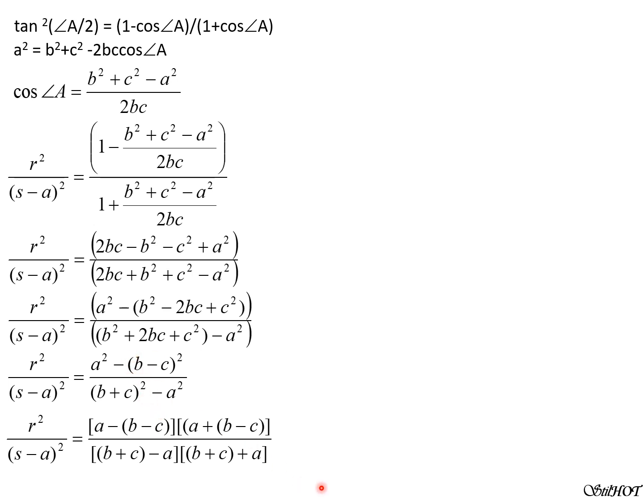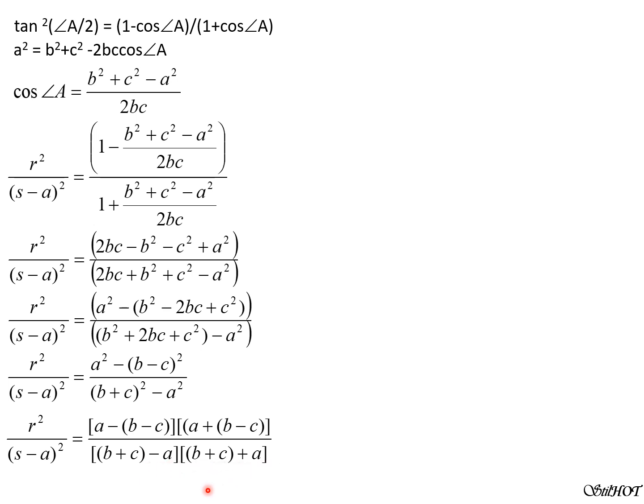So simplifying further, this is a minus b plus c, which is a plus b plus c minus 2b. This is a plus b plus c minus 2c. This is a plus b plus c minus 2a. And this is simply a plus b plus c.